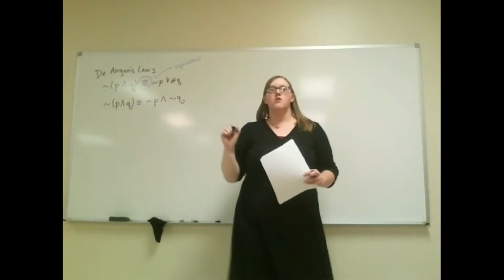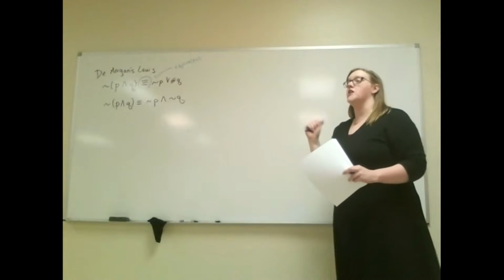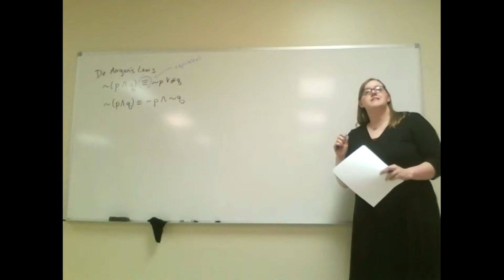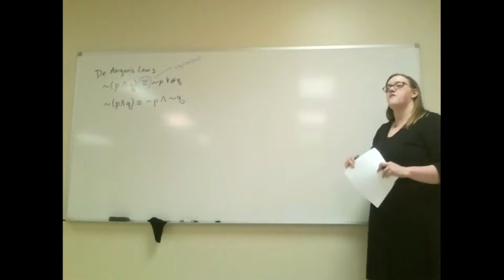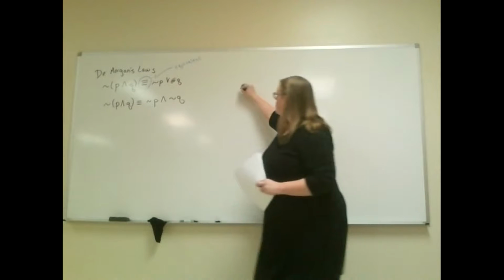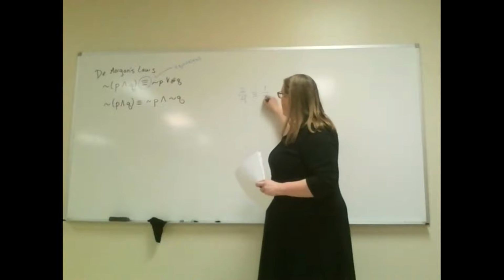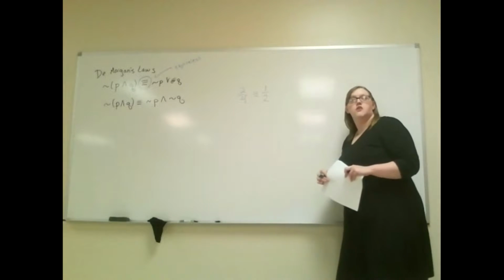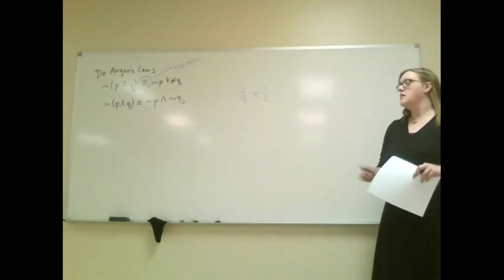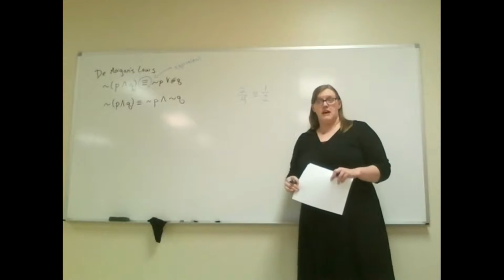It does not mean equals, which is why there are 3 lines and not 2. Equivalent is kind of how we use fractions. So 2/4 is equivalent to 1/2. There are things that look different but essentially are the same thing.